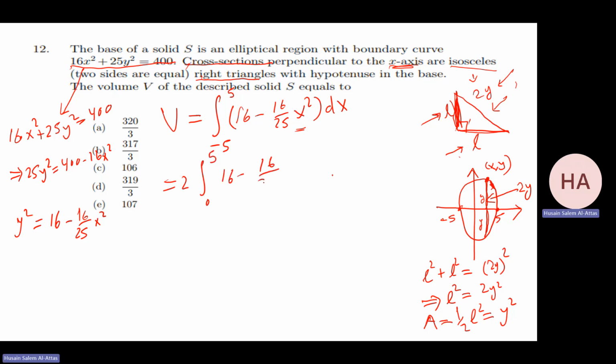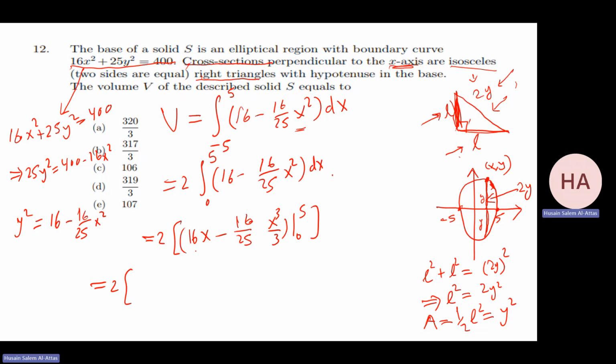16 minus 16 over 25 x square dx. That gives me 2 times 16x minus 16 over 25 times x cubed over 3, from 0 to 5.